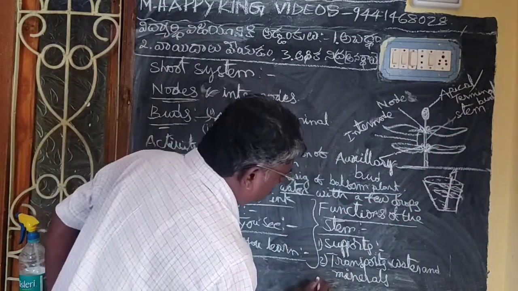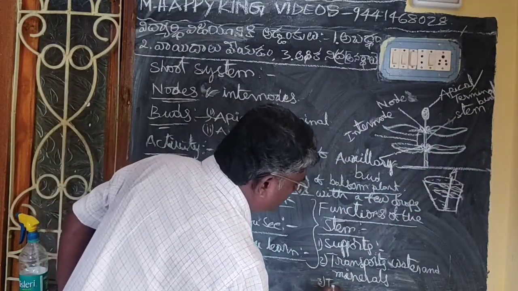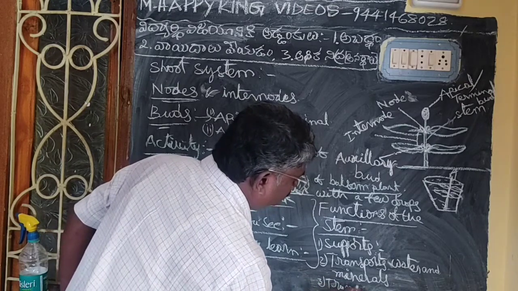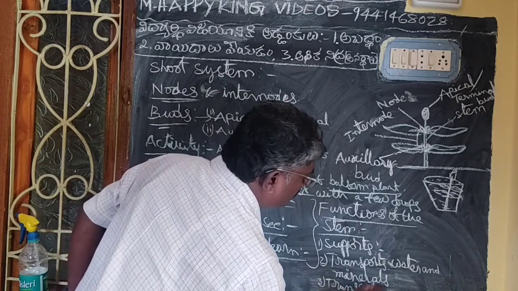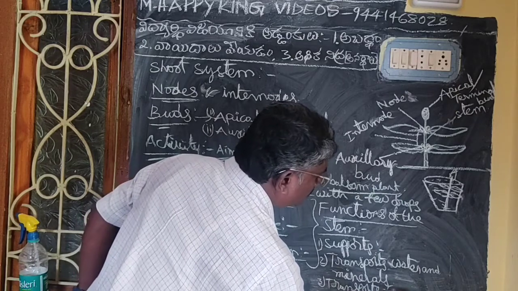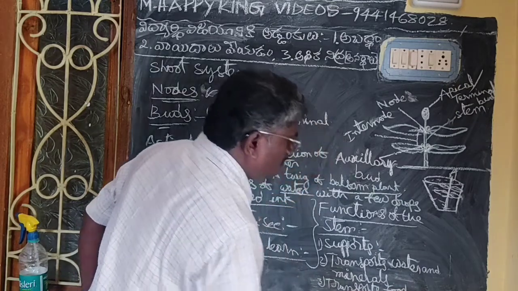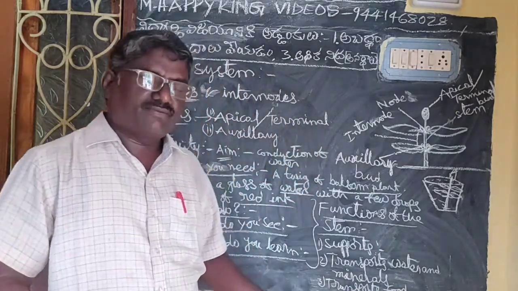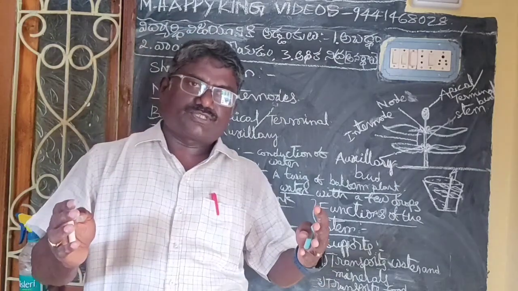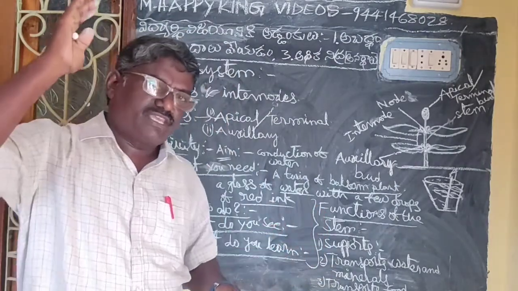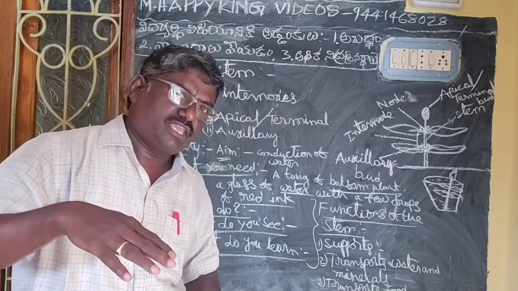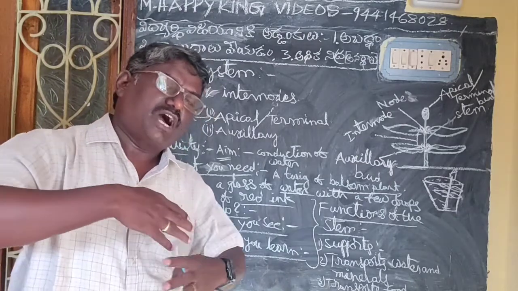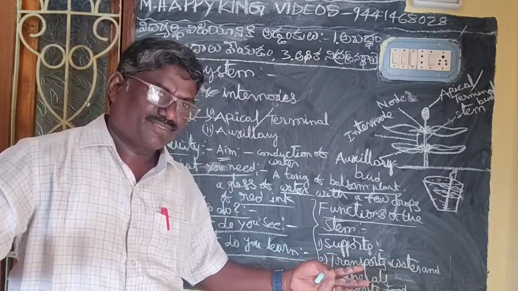And the third one transports food. Stem transports food from the leaves to the other parts of the body.